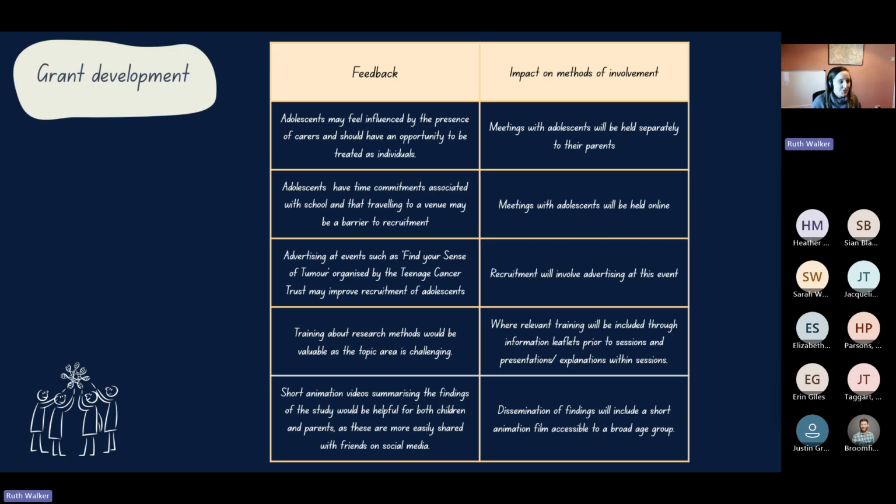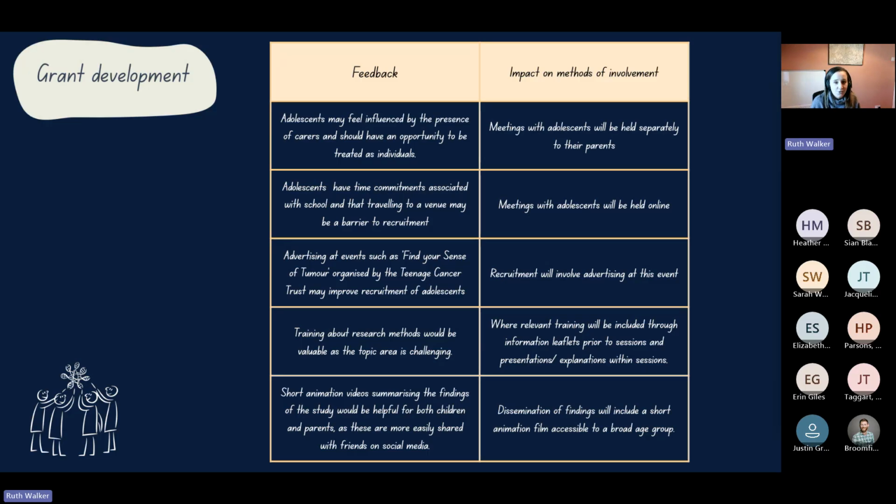So this is a summary of the feedback. I'm not going to go through it all, but it gives a flavour of what was implemented as a result of the feedback that was given. It informed the methods of involving older children in the evidence synthesis.